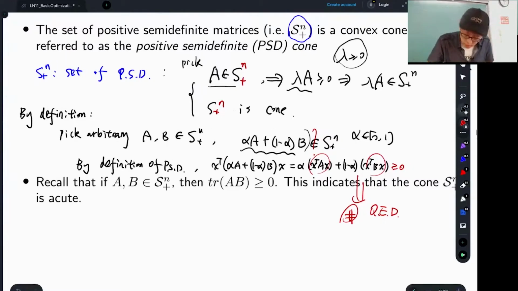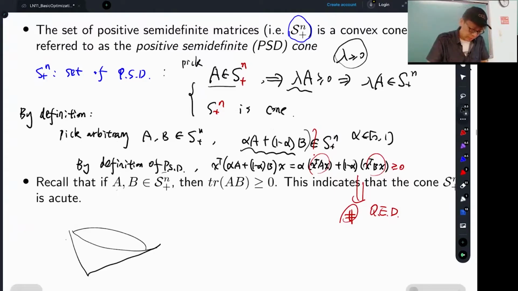Also, in your homework, which you have yet to complete, you're going to show that whenever A and B are in the set, trace of AB is bigger or equal to 0. That means this cone is acute, so you wouldn't be able to have this kind of cone.